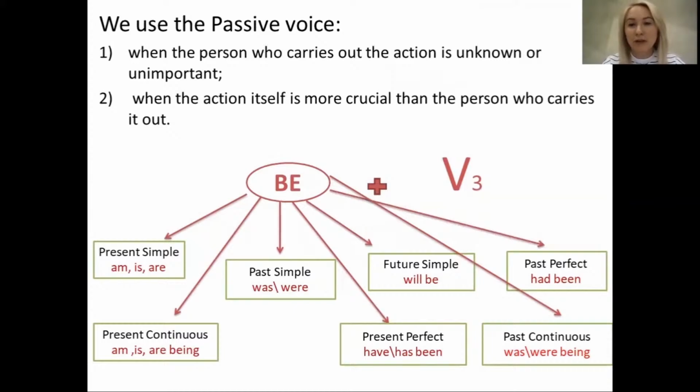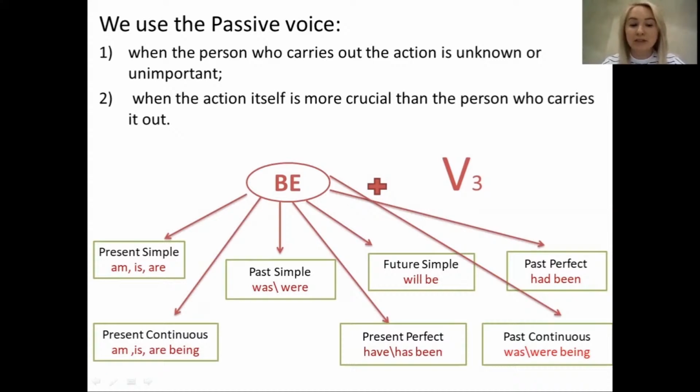When do we use the passive voice? We use the passive voice when the person who carries out the action is unknown or unimportant, or when the action itself is more crucial, more important than the person who carries it out.